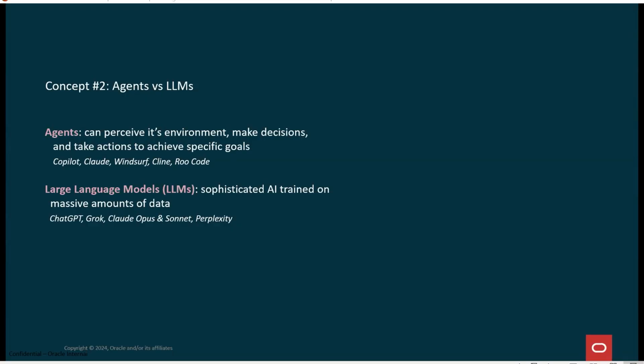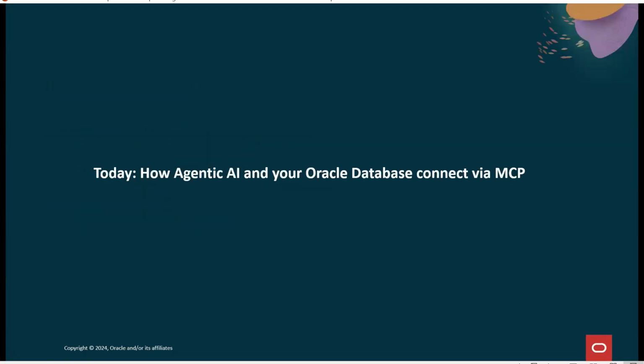Agents are built on LLMs by using their reasoning power and then actually doing things in the world, like running queries, calling APIs, or interacting with other systems. Today's focus is how agentic AI connects with your database through MCP.